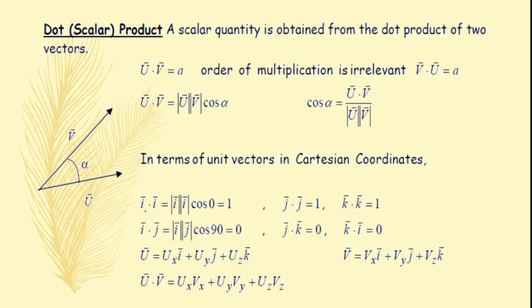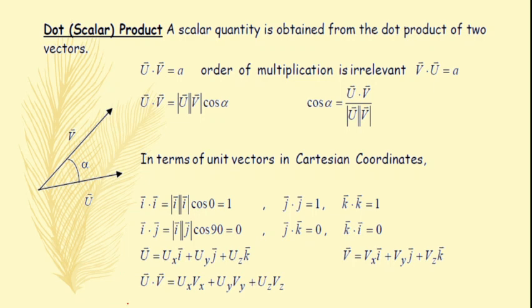And it is already discussed that i dot i is 1, j dot j is 1, k dot k is 1, and anything else is 0, because all the i, j, k are orthogonal to each other.